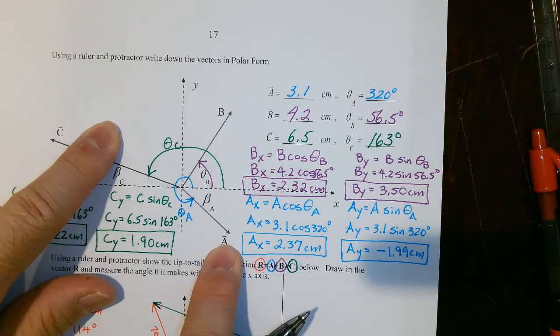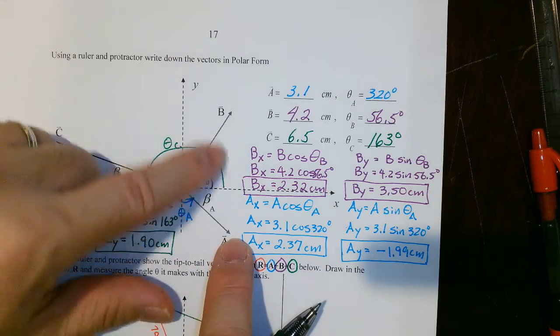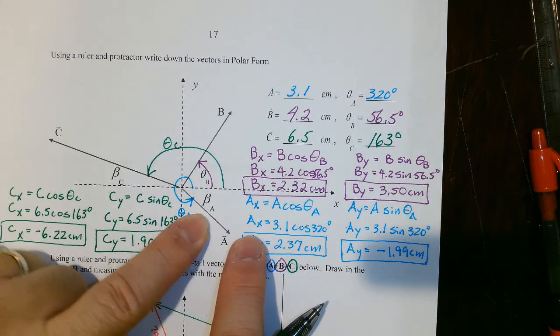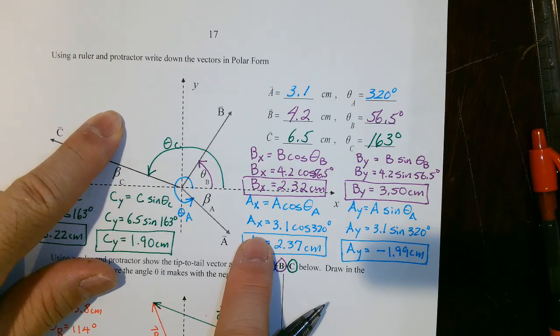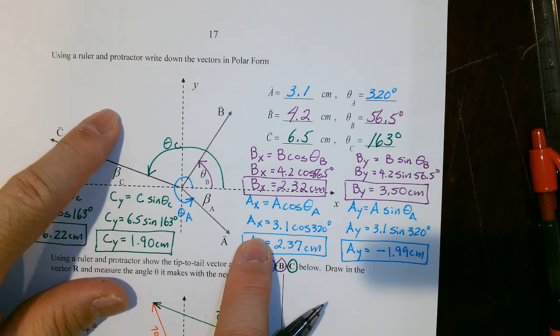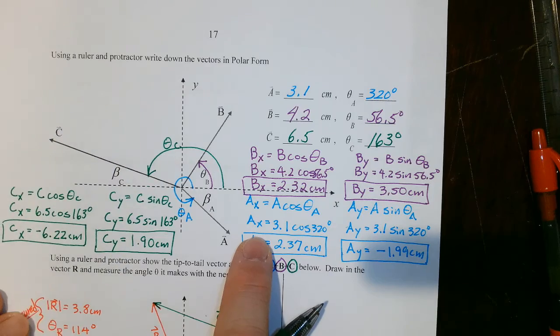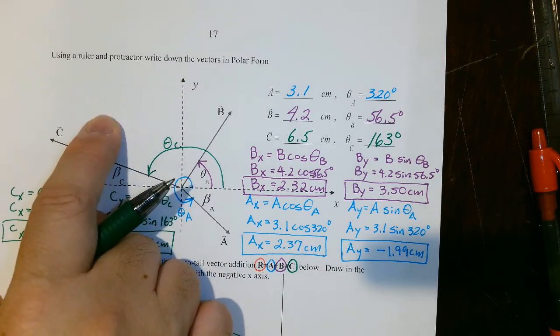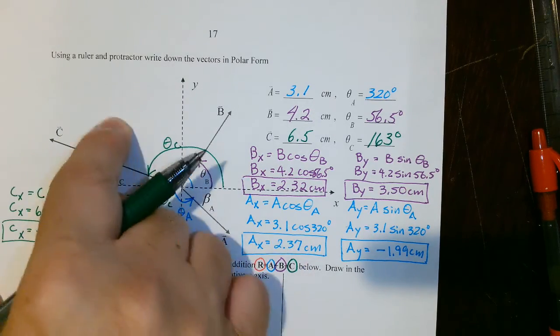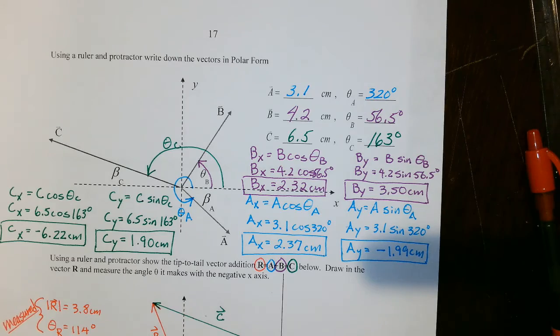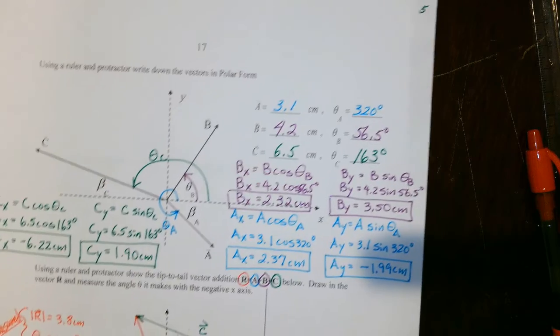Since this is 320 degrees, if I subtract 180, that's the direction for my negative a vector. When I subtract 180, I get 140. So measure 140 from the positive x, and that will give you negative a. I will let you work on this. I'll give you about 8 minutes. See if you can draw this out and show me what it looks like.